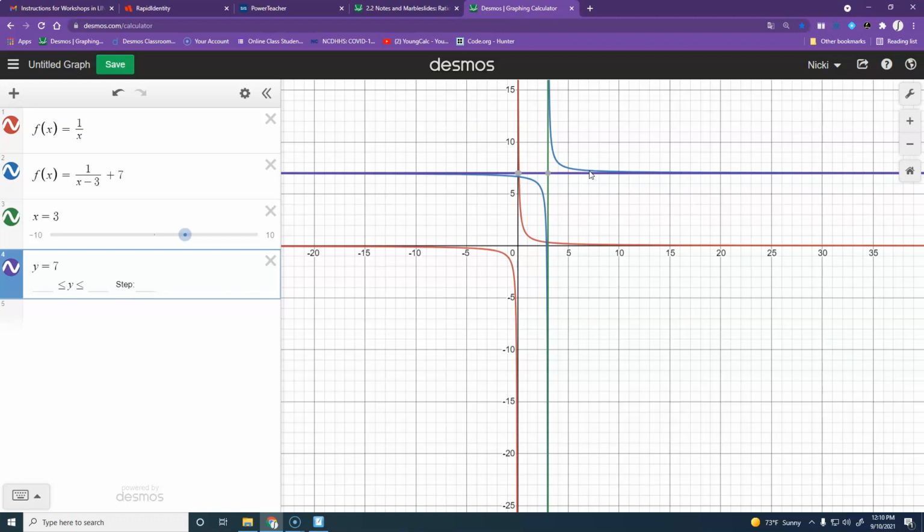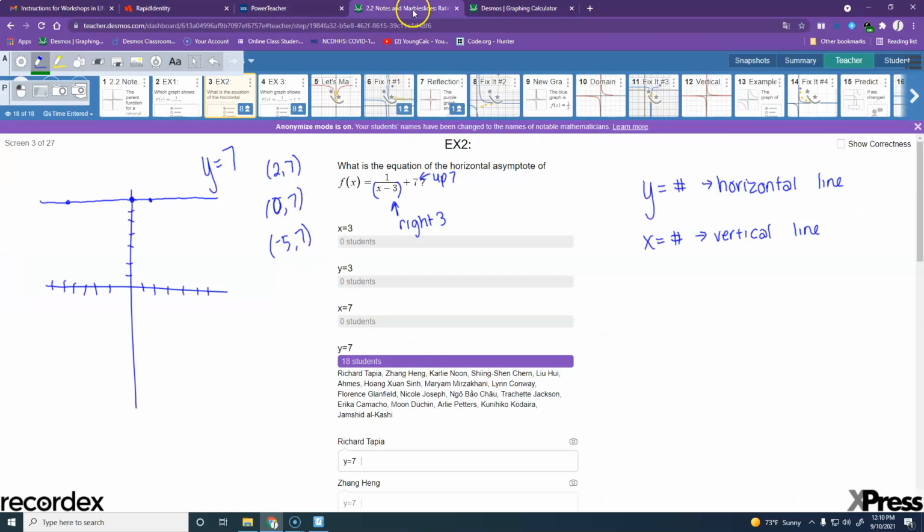When you move the graph left or right, that affects your vertical asymptote. You do need to be able to answer these types of questions without going to Desmos. I'm just going here to give you an idea of what this looks like. But we do need to be able to answer them without going to Desmos because there will be a calculator inactive, Desmos inactive section of the test. Whenever we get to it, eventually, we're a long ways from that. Okay, questions?